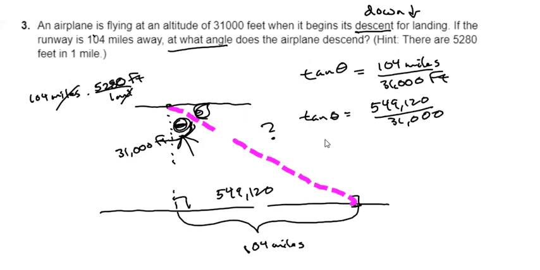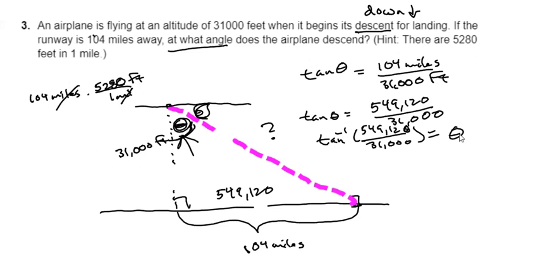Now we can solve for theta by doing our inverse function. So we go the inverse of tangent is equal to this very large number over this large but not as large number, and that is going to give me my theta. So I would suggest you should just be able to put it in a calculator exactly like this.